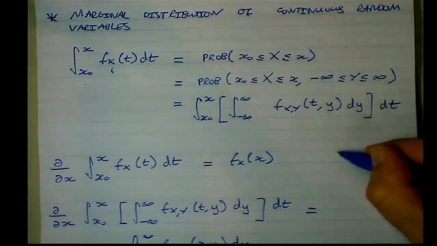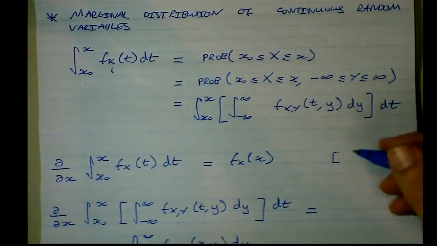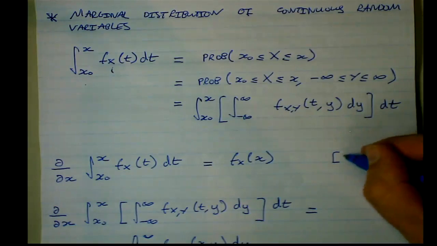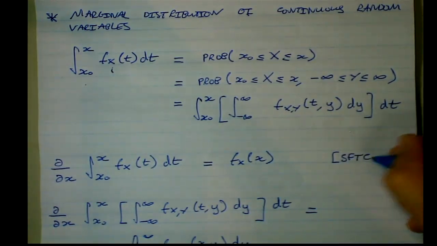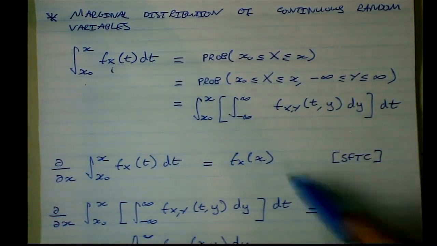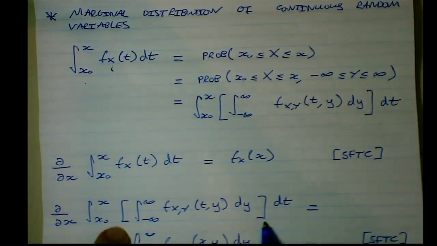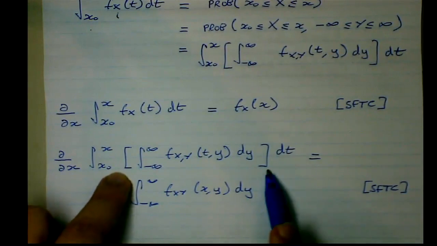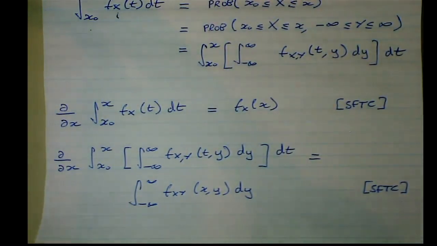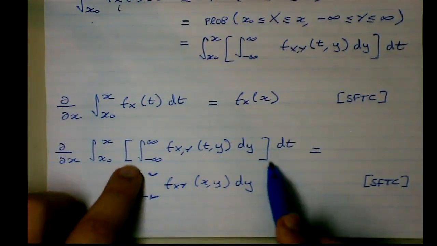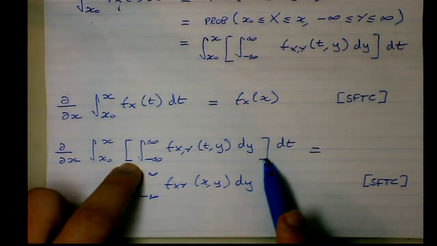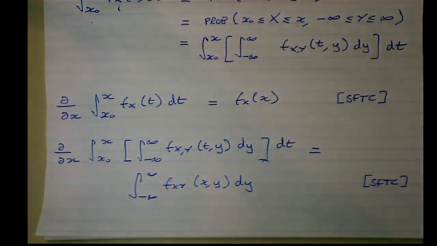So here we used, I'm going to call it SFTC, second fundamental theorem of calculus, and again we used it here. Our g function was everything in brackets when we applied the second fundamental theorem of calculus the second time. So we took g to be everything in this bracket. So we just used the second fundamental theorem of calculus twice.